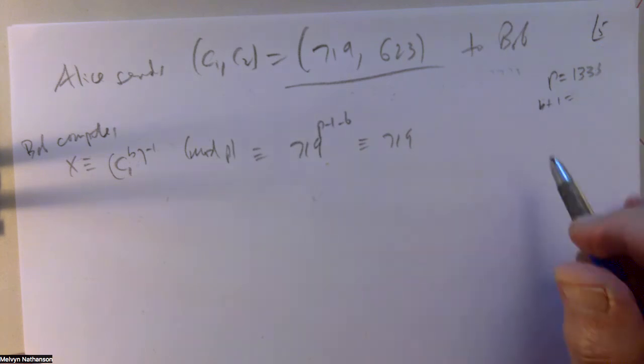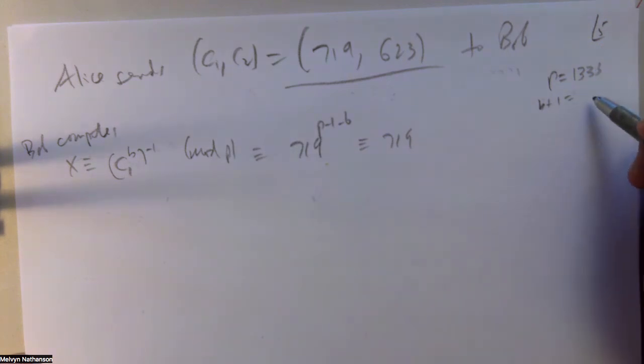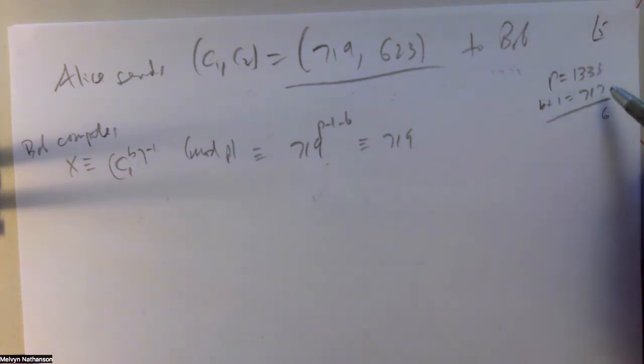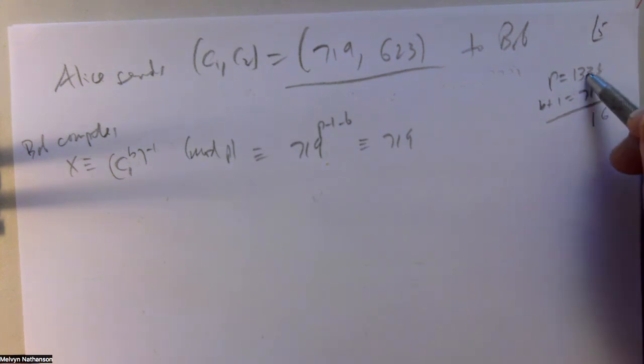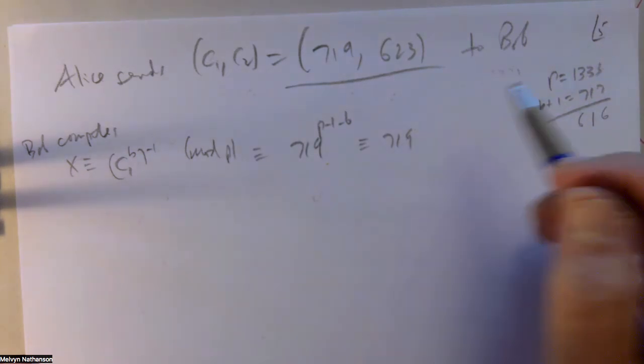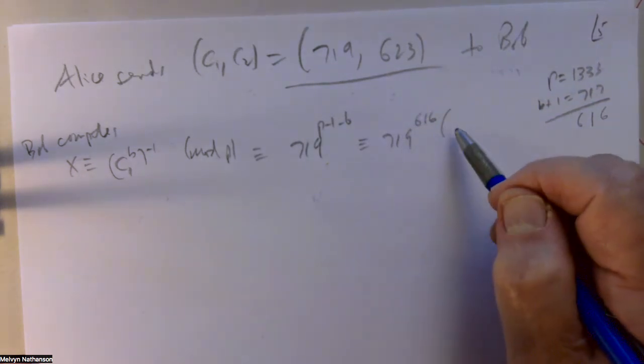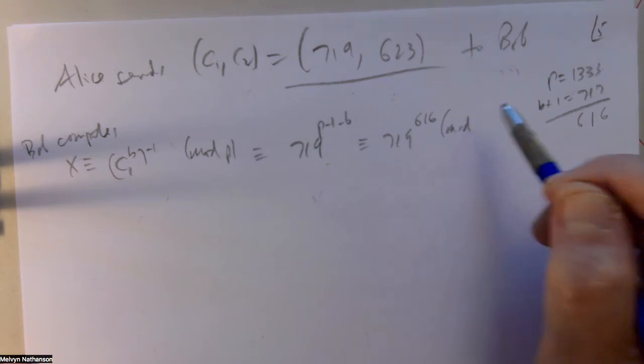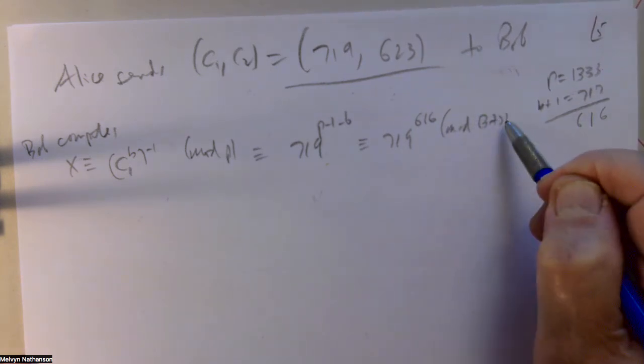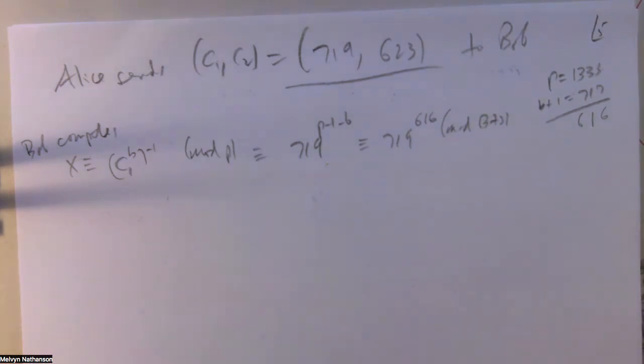Bob's secret number B was 716, so this is 717. When you subtract, 13 minus 7 is 6, 2 minus 1 is 1, 13 minus 7 is 6. So this is 719 to the 1616th power mod 1373.